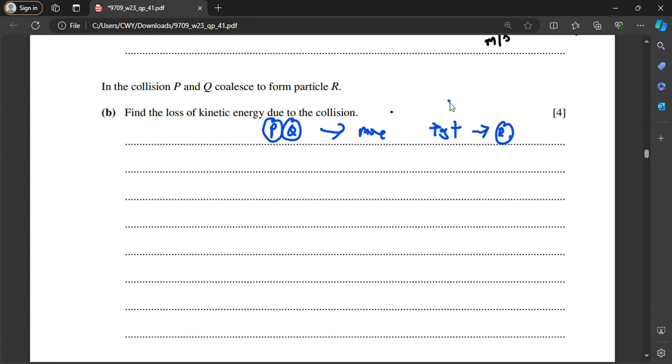When we think of collision, we have to think of m1, u1, m2, u2, and v. One is at a resting place and one moves. They collide and they move together. So in that case, the formula is m1u1 plus m2u2 equals m1 plus m2 times v. Our objective is to find the speed that they are at.